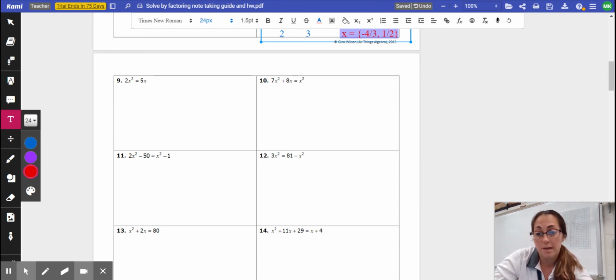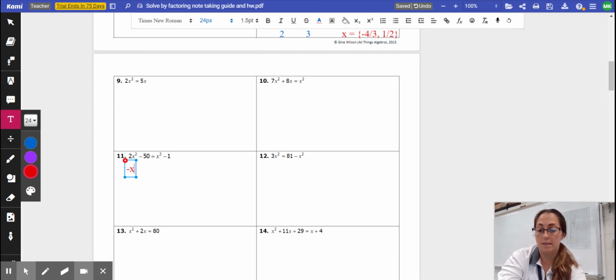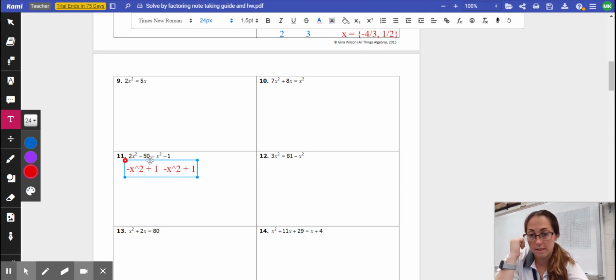I want it every time. So because I have more x squareds over here, I'm going to subtract x squared from both sides. I'm going to add 1 to both sides. So here, I'm subtracting my x squared. I'm adding 1. Here's my equal sign. It's still there. And then I'm subtracting x squared from my x squared, and I'm adding 1 on that side.